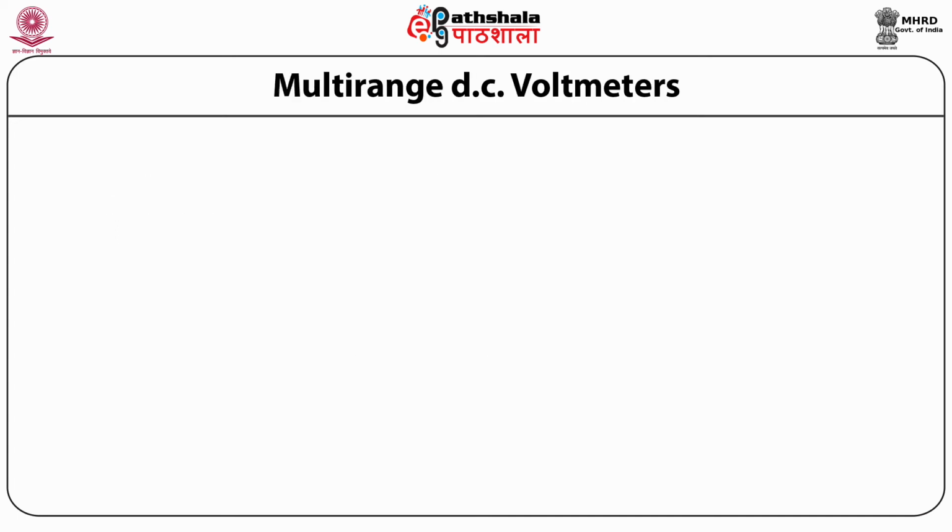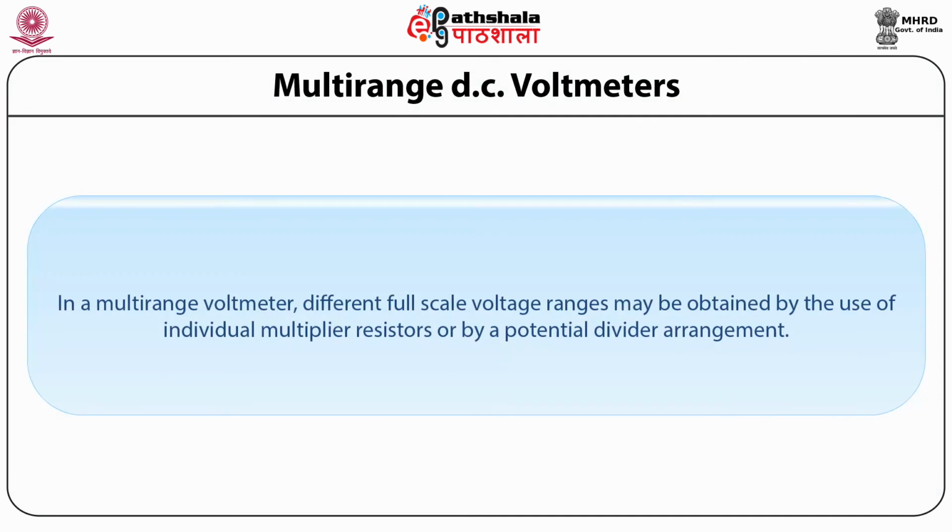Now, let us study the multi-range DC voltmeters. In a multi-range voltmeter, different full-scale voltage ranges may be obtained by the use of individual multiplier resistors or by a potential divider arrangement.